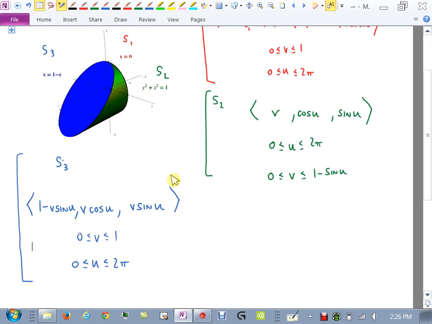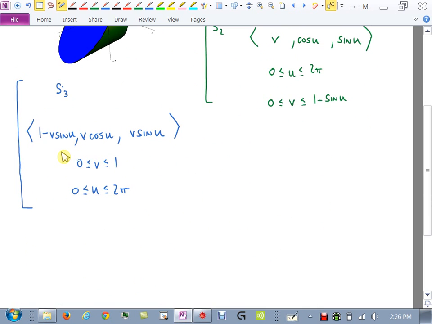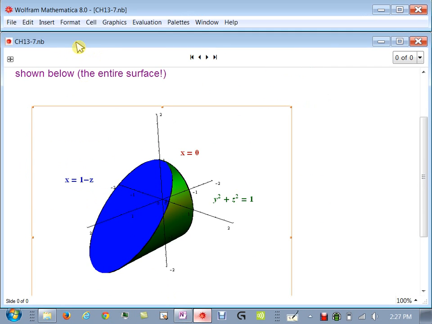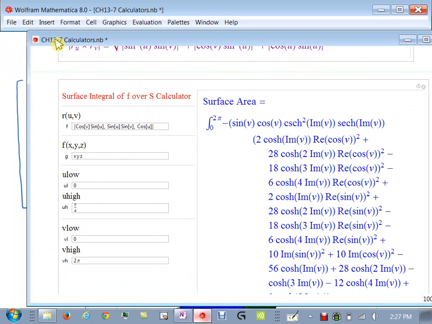Would it be hard? Well, you'd have to cross 1 minus V sine U, V cosine U. Someone just verify that I am putting in the right.